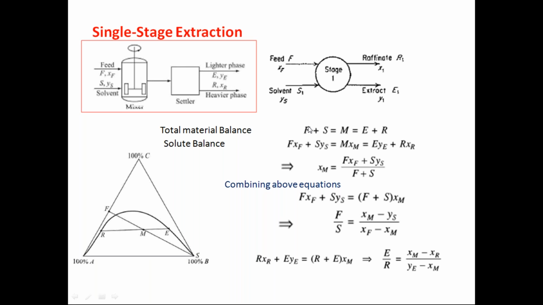After adding feed and solvent, this much mixture has resulted, and if you allow this mixture to settle, it is divided into E and R. This much extract phase quantity and this much raffinate phase quantity have been separated. So this gives the total material balance. What is that? F plus S is equal to M, and M is equal to E plus R.